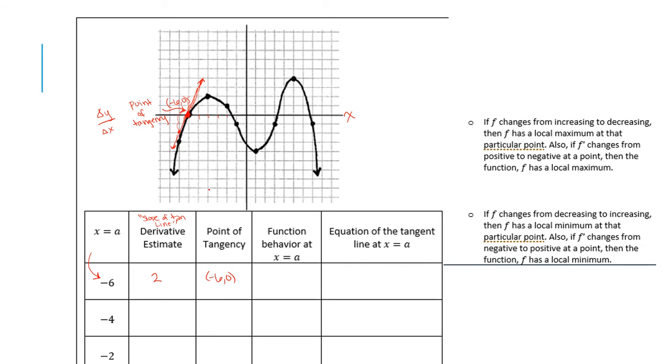Function behavior at x equals a is related to these vocabulary terms: increasing, decreasing, local maximum, or minimum.